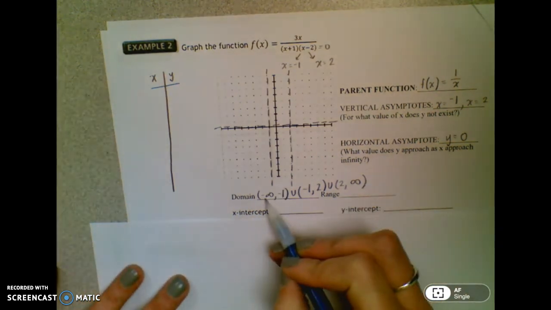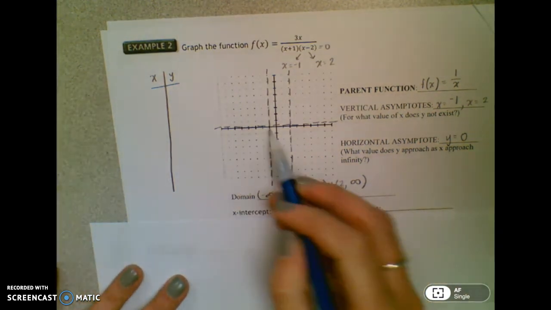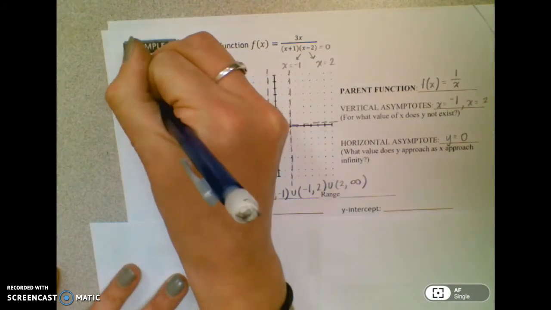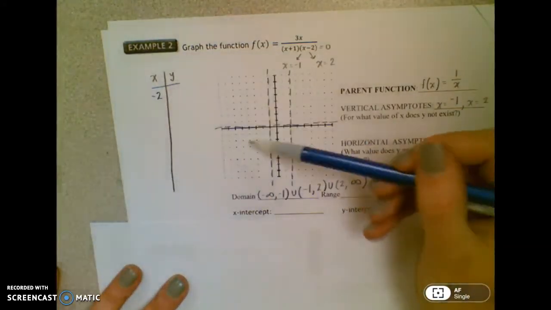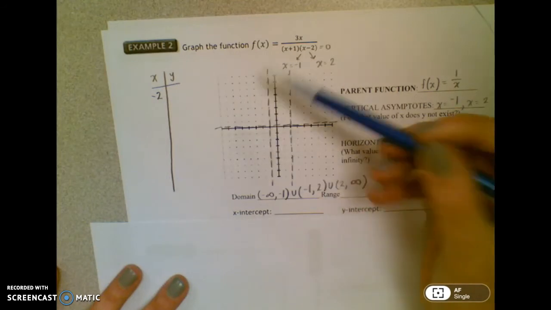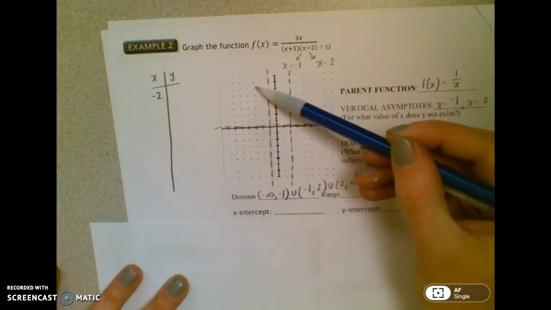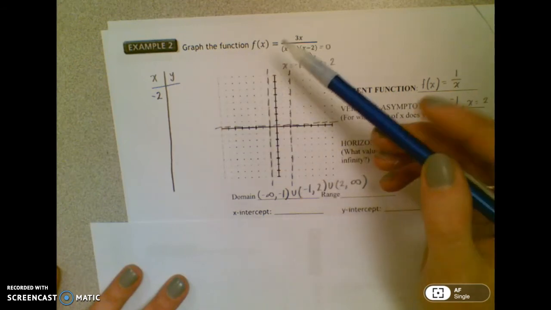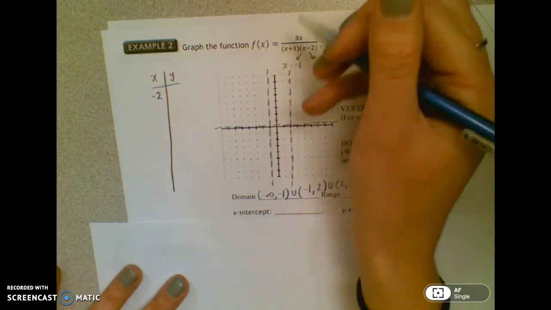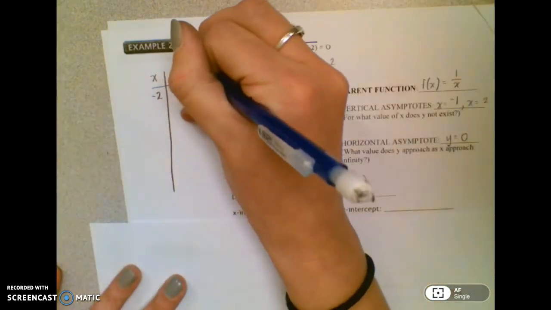So in my first interval from -infinity to -1, I'm going to test -2. You could test -3, -4, -5, any of these to see whether that branch is opening down in the negatives or up in the positives. So to test -2, I'm going to plug that into the original rational equation for x. So I'll show my work up here.